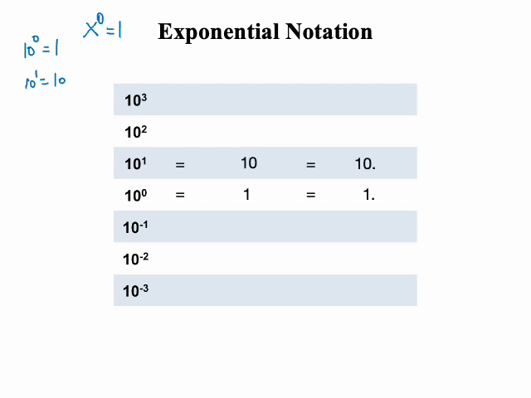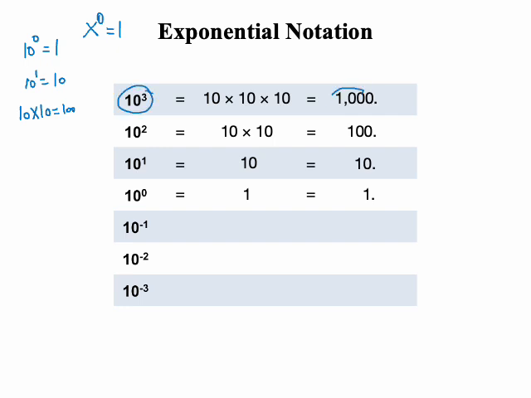10 raised to power 2 means I have 10 multiplied by 10, 2 times, which will give you 100. 10 raised to power 3 means it's 10 multiplied by itself 3 times, which is equal to 1000. So you can write 10 raised to power 3 or you can write 1000, and that essentially means it's the same thing.